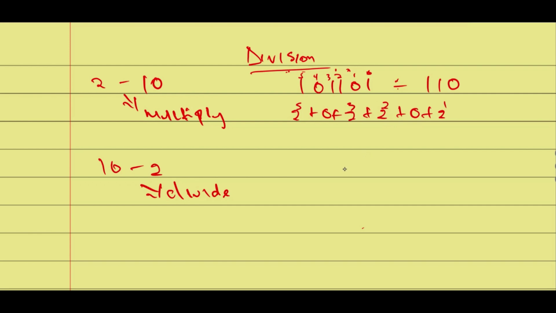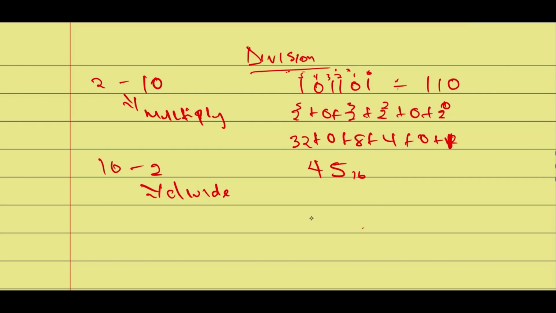So 2 to the power of 5 will be 32 plus 0 plus 8 plus 4 plus 0 plus 2. Then plus 2 to the power of 0, so this will be plus 1, because any number to the power of 0 is 1. So I'm going to add this, so that would be 45. So this will be equal to 45 in base 10.